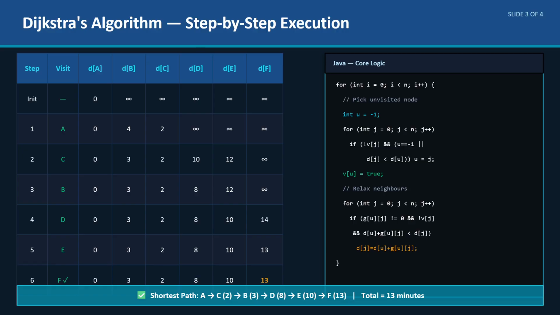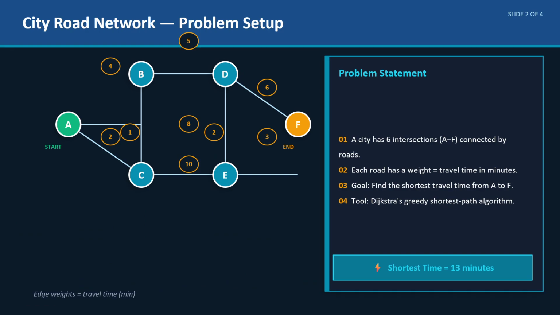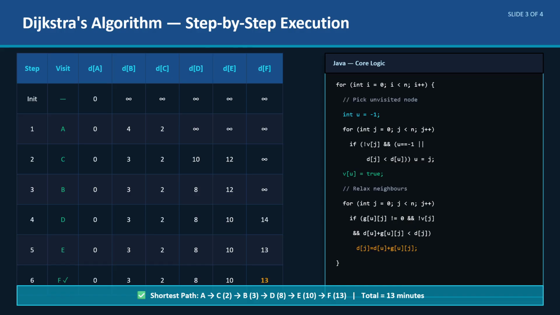Yes, because there is a connection giving 3, right? Now B has a distance 3, and through B, D becomes 8. Not 8 plus 2, 3 plus 5.